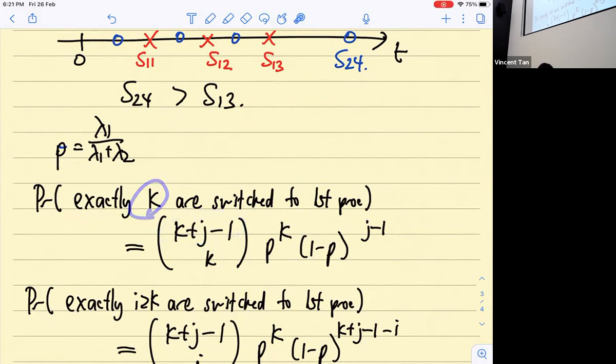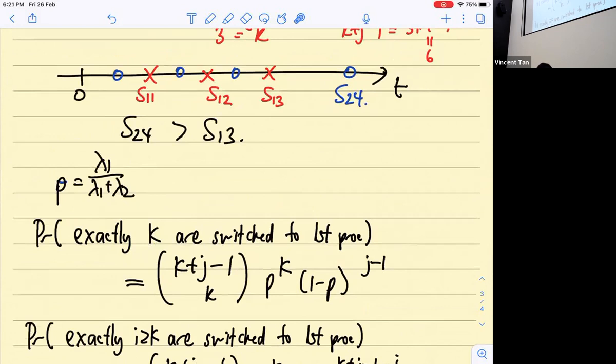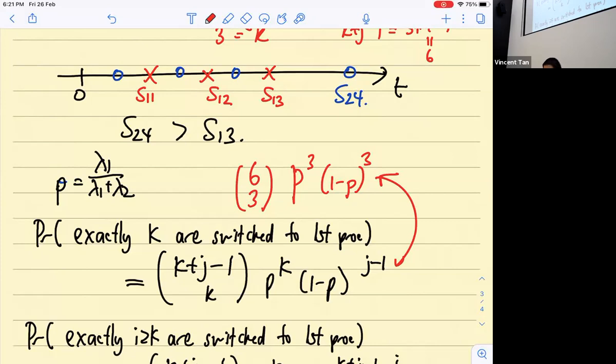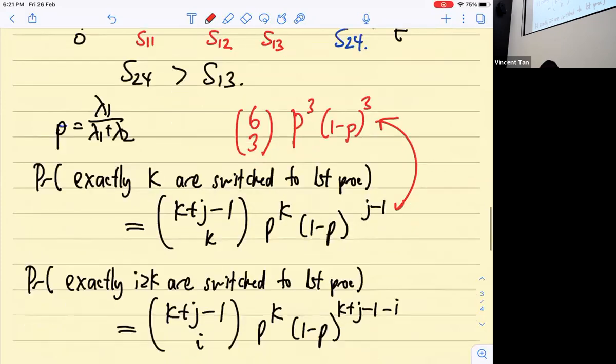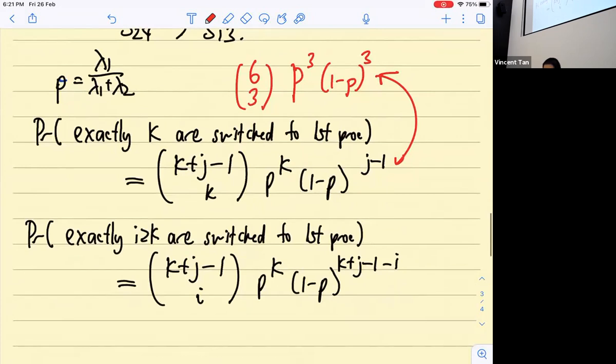So what am I doing in this picture? This would be 6 choose 3, p to the power 3, 1 minus p to the power 3. This is this calculation. But I cannot forget about the possibility that many more are switched to the first process, so I do a more general calculation here.